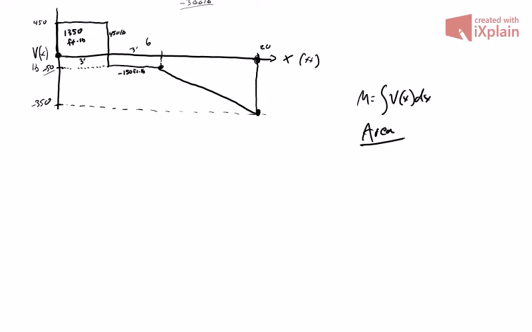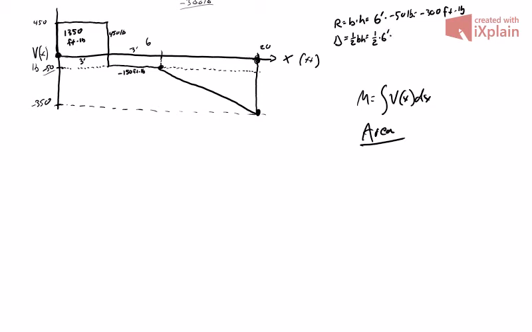Okay, so our next area is a little harder because it's a weird kind of shape, but you can break it up into a rectangle plus a triangle. So the rectangle part is going to be base times height. It's 6 feet long, negative 50 pounds tall, gives us negative 300 foot-pounds. The triangle, 1/2 base times height, gives us 1/2 times 6 feet.